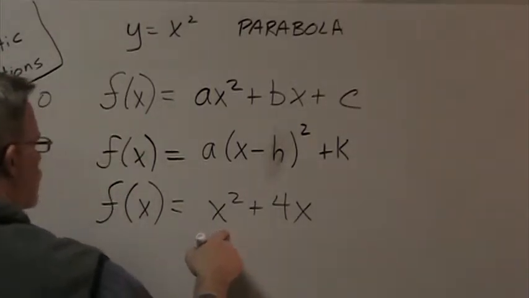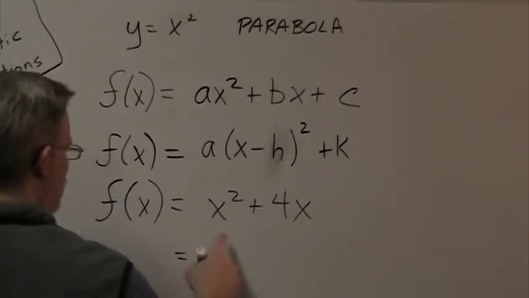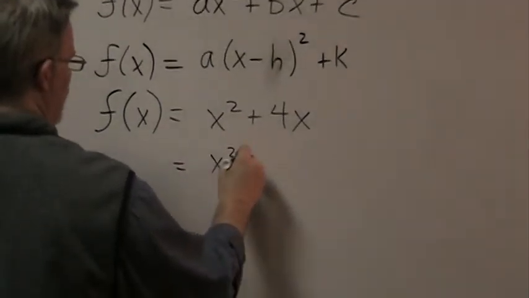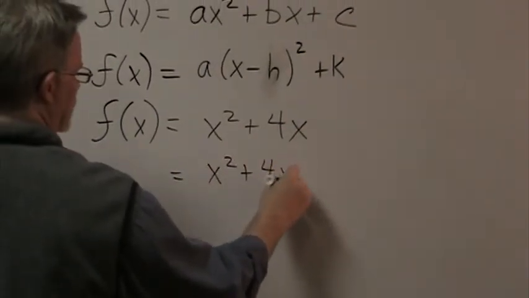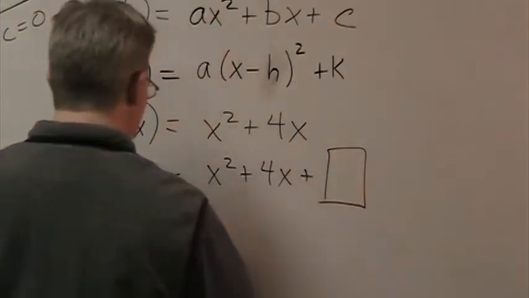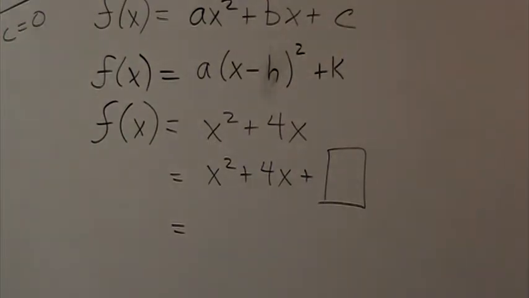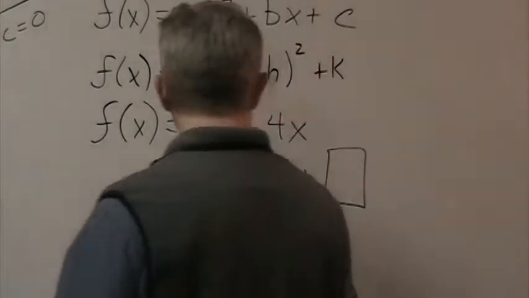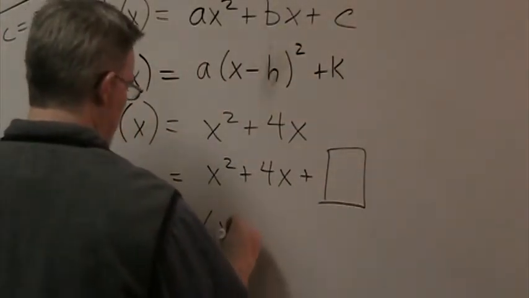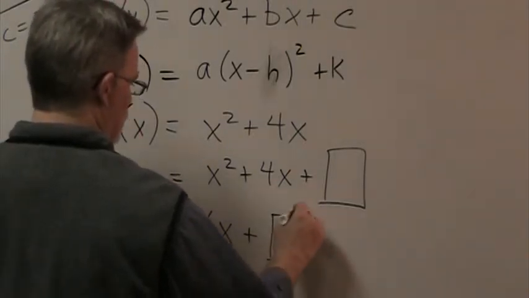Well, we can write this as a perfect square trinomial. So we want to write this as x squared plus 4x plus another number that allows us to write this in this form: x plus some number squared.